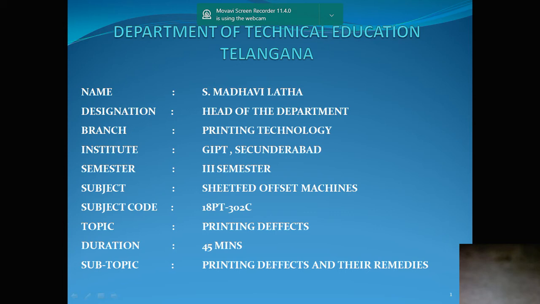It is not a mirror image on the plate. This is called indirect printing because the plate and the substrate do not have any contact. Only the blanket and substrate have contact. That's why we call this an indirect printing process.